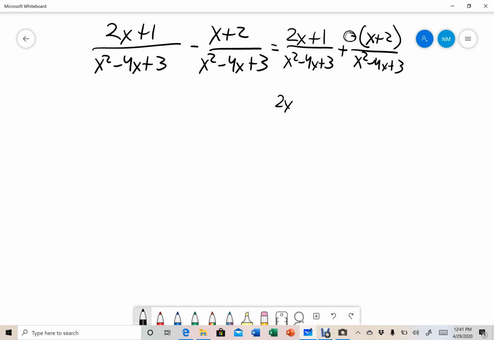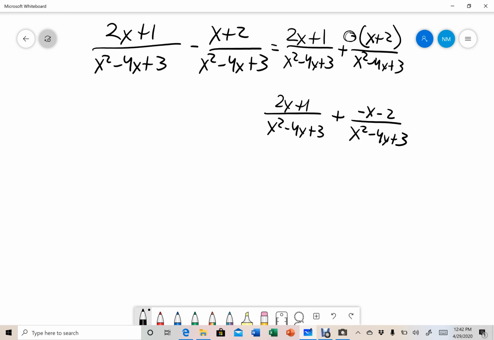I can say 2x plus 1 over x squared minus 4x plus 3 plus negative x minus 2 over x squared minus 4x plus 3. So we're still following our basic algebraic rules.